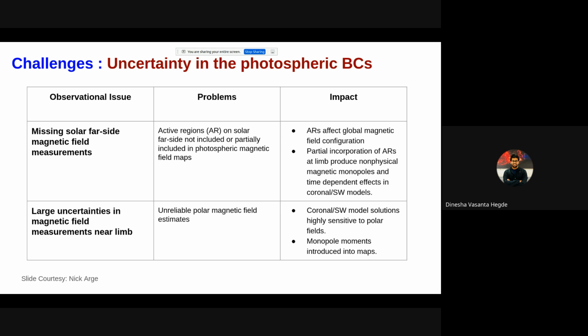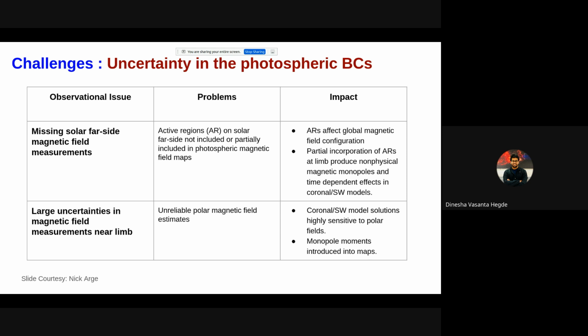That's why the major uncertainty is coming from the photospheric boundary conditions. Although we have surface flux transport models of various capability nowadays, we are not able to solve this issue because we are totally missing the solar far side magnetic field measurements.